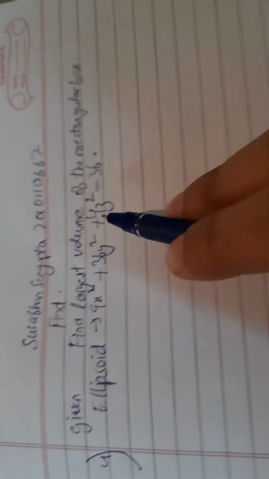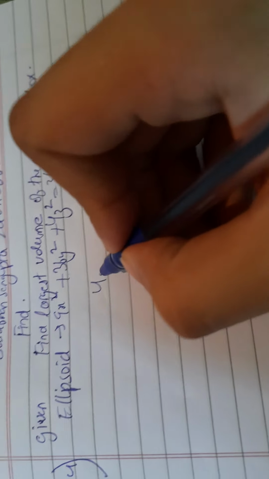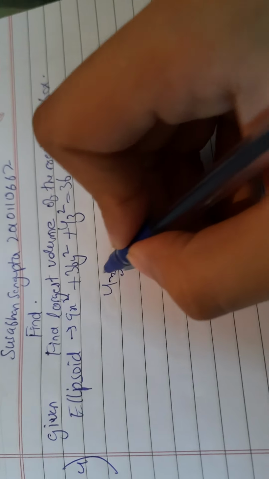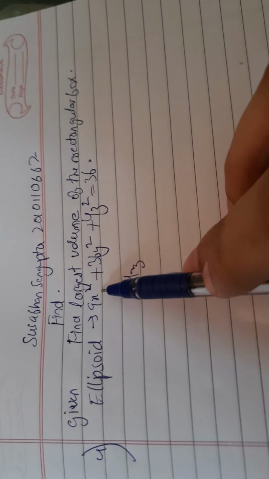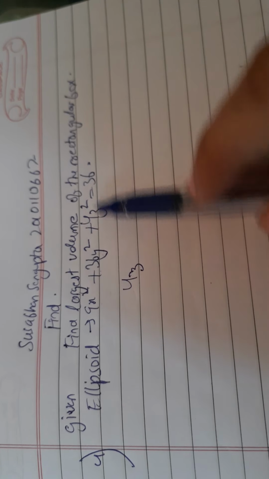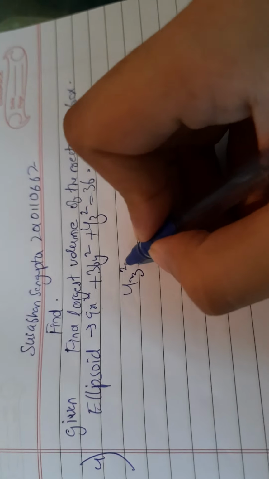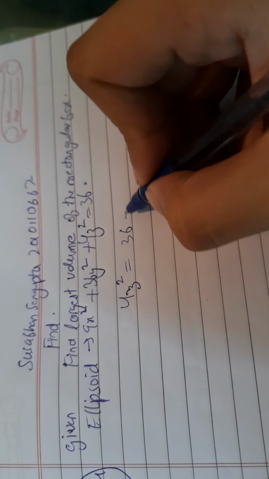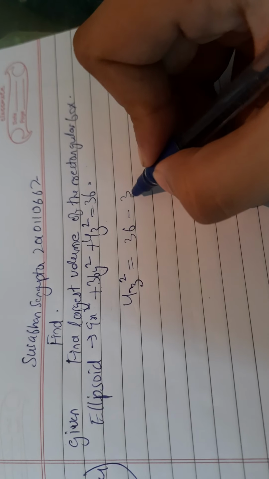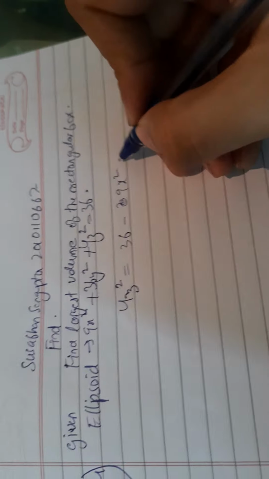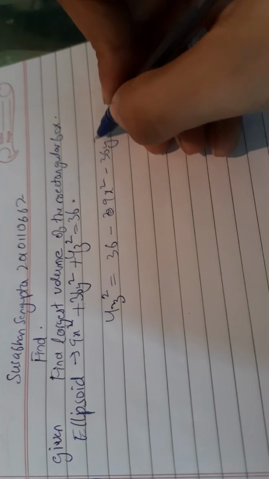So to find the value of z, we have to shift these two x square and y square terms here. So 4z square equal to 36 minus 9x square minus 36y square.